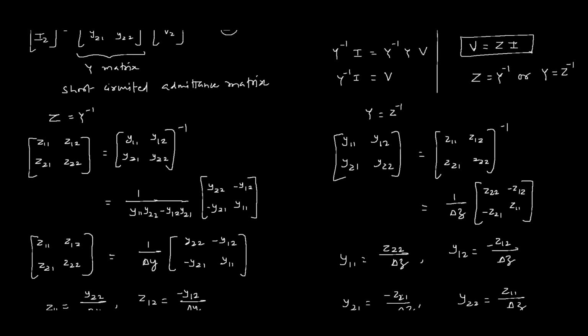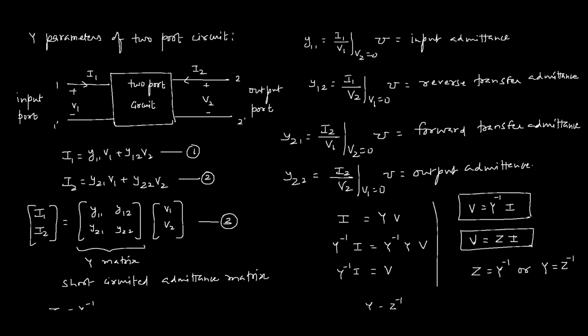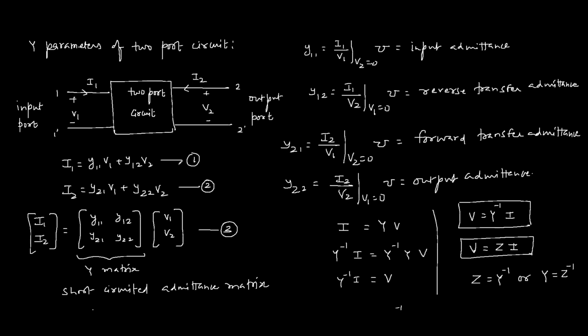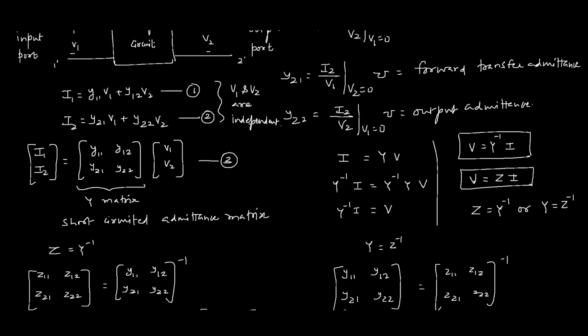From the circuit we can see that V1 is equal to V2, and in this Y parameter, V1 and V2 have to be independent.